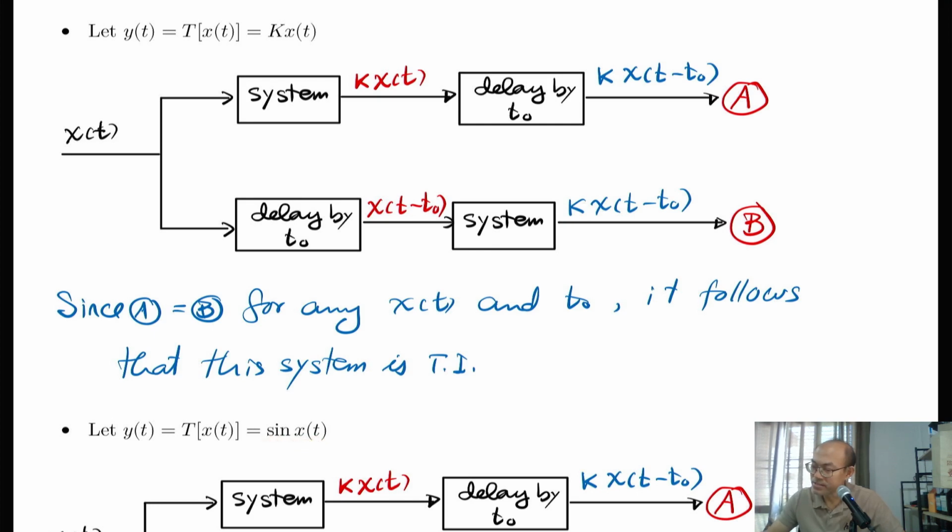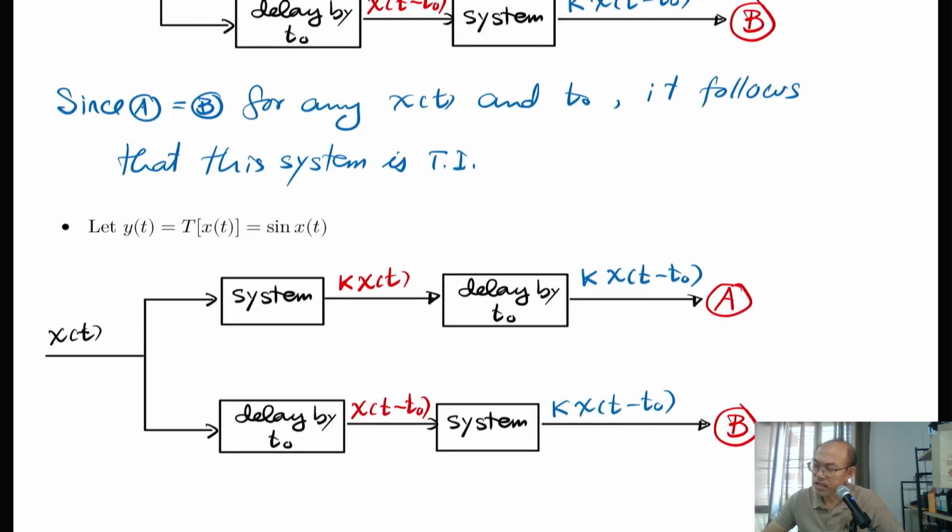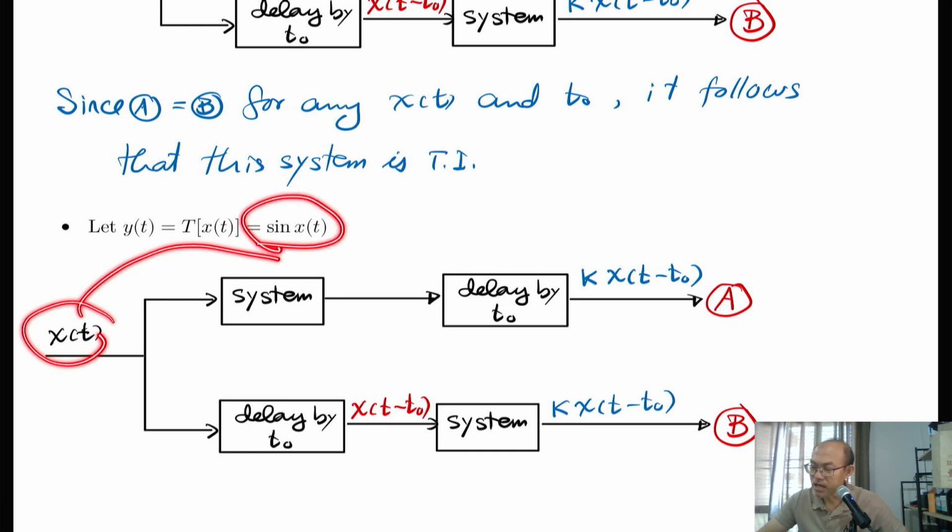So y is sine of x. Now, in the upper path, we plug in x. I'm suspecting that this system is time invariant, so I'm not giving x as anything. I'm just plugging in x into the system. So what the system does is output sine of x. So let's write down sine of x here.